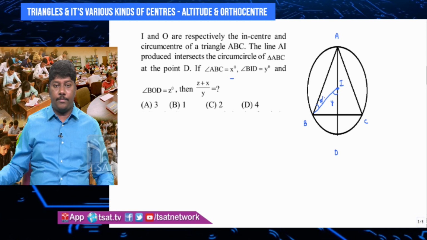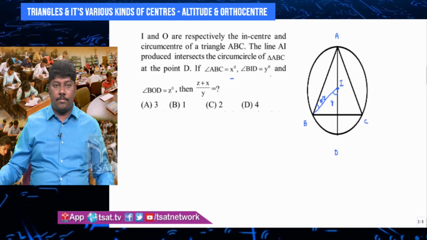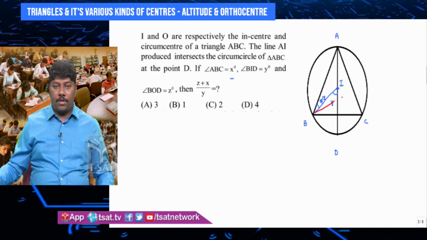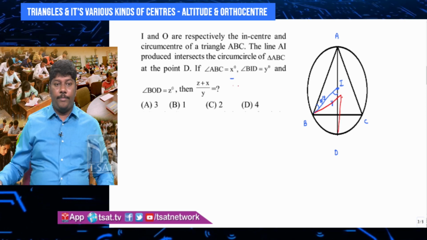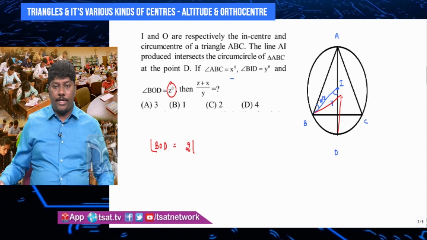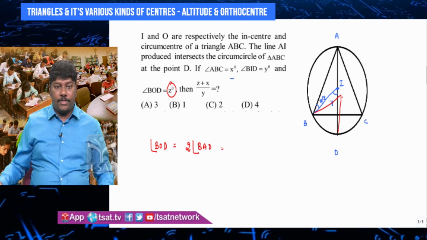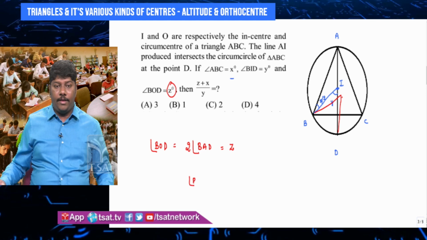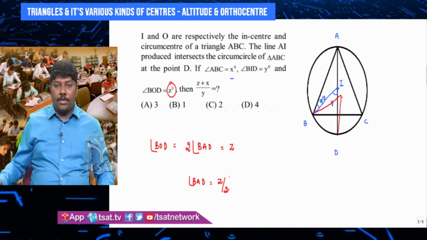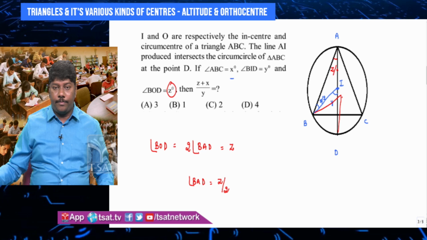Now, you take circumcenter somewhere. If I take BOD is equal to Z, angle BOD is equal to 2 times angle BAD, which is equal to Z. Therefore, angle BAD is equal to Z by 2. So, observe carefully, concentrate on this triangle, it becomes Z by 2.